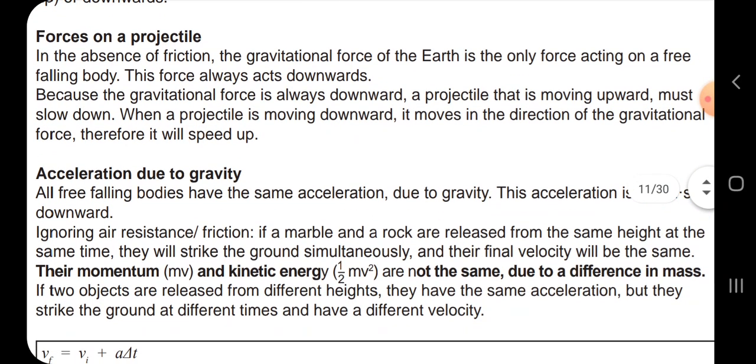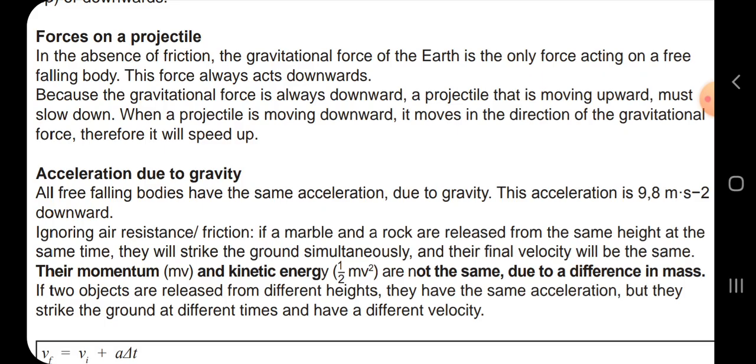If I throw something up and when it reaches a certain point it comes down, the final velocity will be higher than the initial velocity. But if I throw a ball downwards, the initial velocity is higher because it will get to the ground, bounce, and then go up.